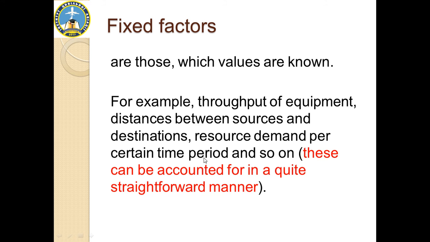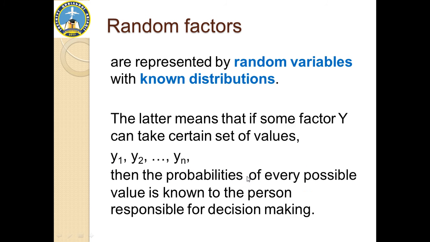Random factors are represented by random variables with known distributions. This is the key for the random factors. So we can use the framework of probability theory and statistics to deal with these random variables with known distributions.